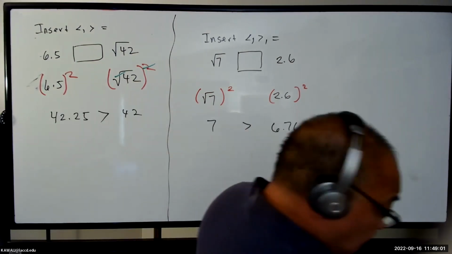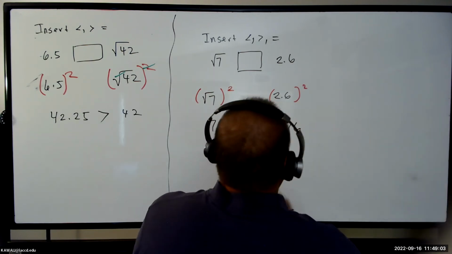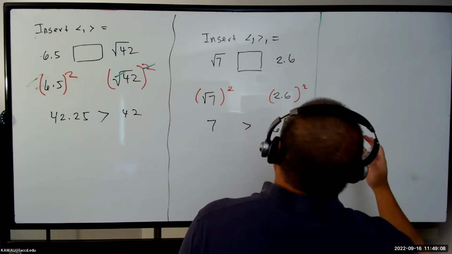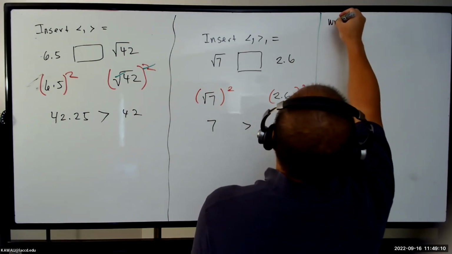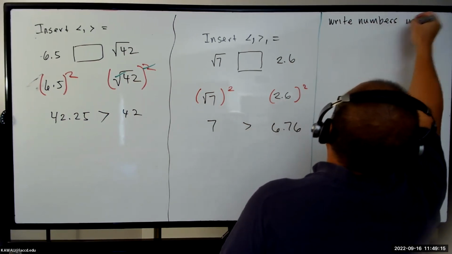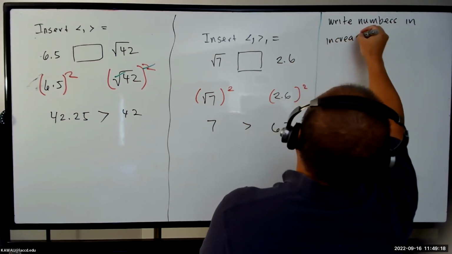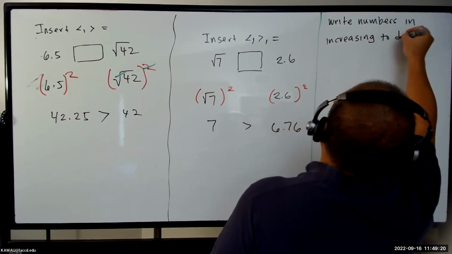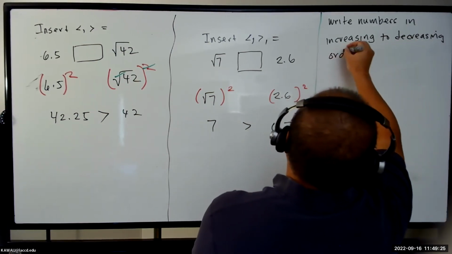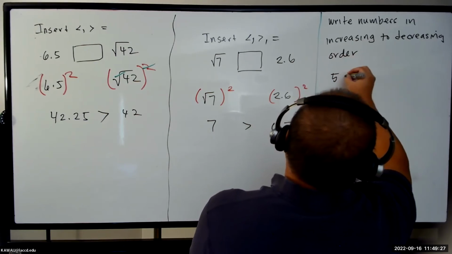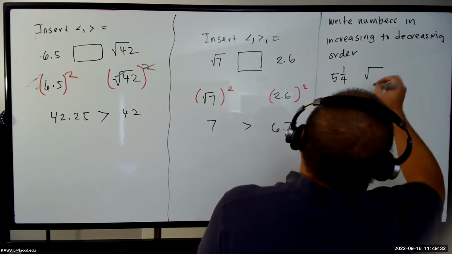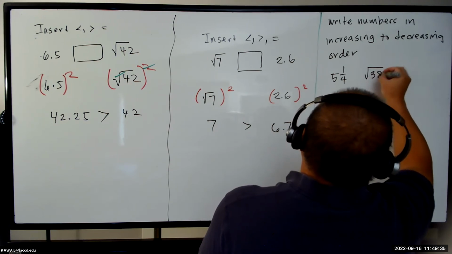Okay. Now, the other thing that they like to do is they like to ask you to write numbers from increasing to decreasing order. Okay, so let's go 5 1/4. Let's go square root of 38.